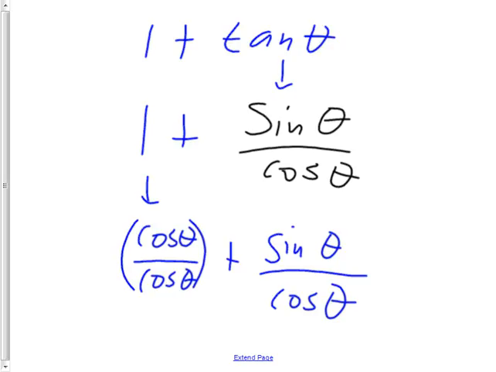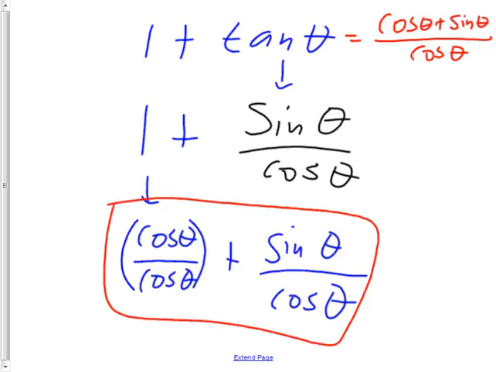So my original problem might have been: take 1 plus tangent and prove that it's equal to cosine plus sine over cosine. And I'm almost done, because now that I got a common denominator here, I can add the tops and leave the bottom the same, and I'm pretty much going to have this.